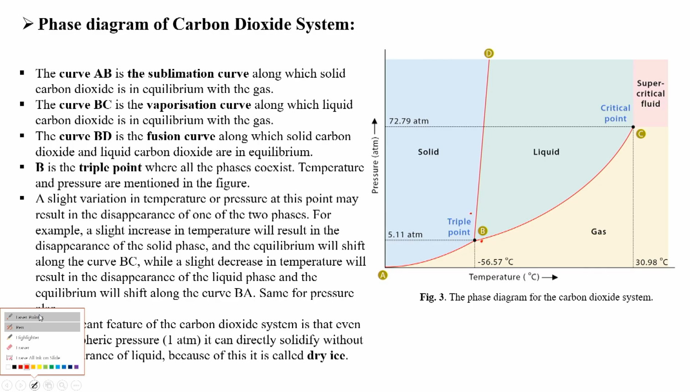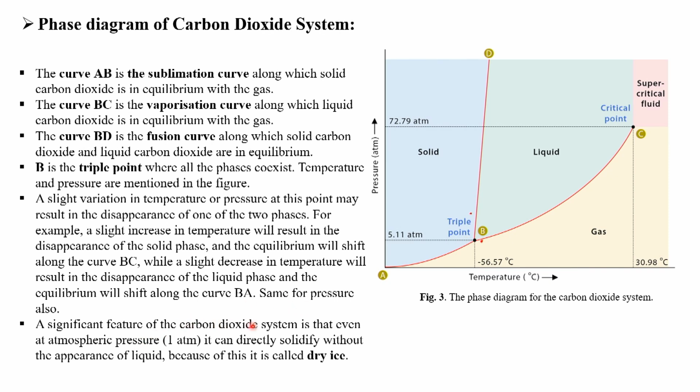So we don't get three phases if we change either temperature or pressure from the triple point. A slight increase in temperature results in the disappearance of the solid phase and the equilibrium shifts along the curve BC. A slight decrease in temperature results in the disappearance of the liquid phase and the equilibrium shifts along the curve BA. The same is true for pressure also.